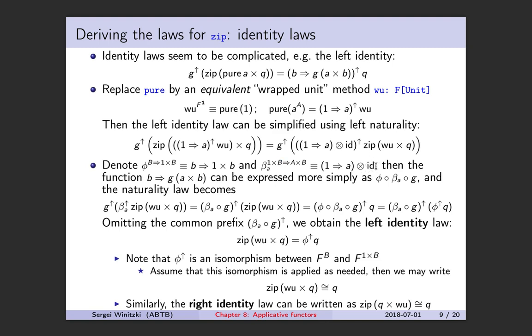So this identity function is acting on B, and this function is acting on unit, and this function product gives me a function of this type.